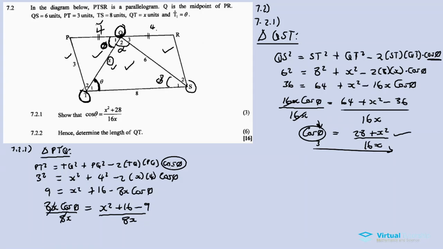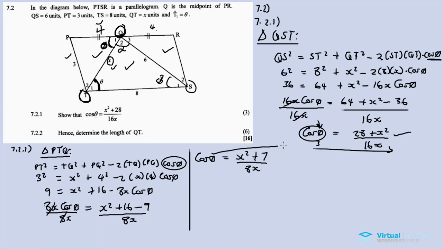The 8x cancels, and I am left with cos theta equals x squared plus 16 minus 9, and 16 minus 9 is 7, so plus 7 divided by 8x.